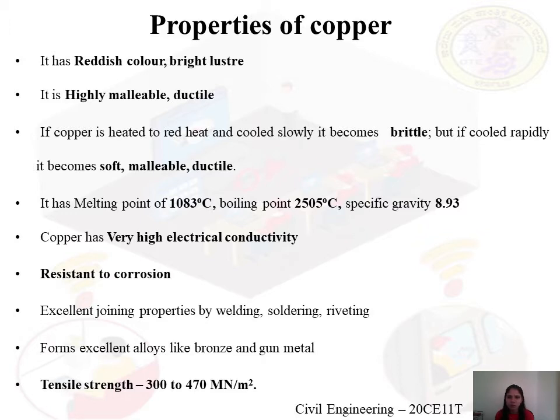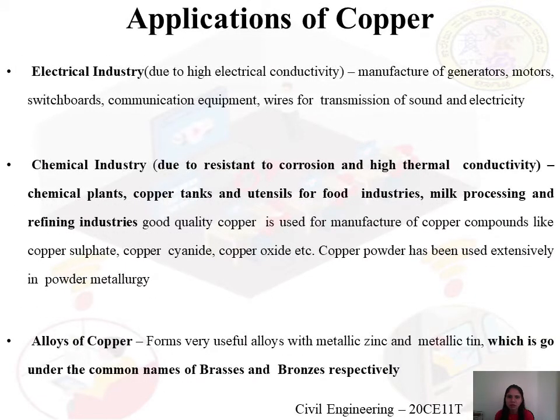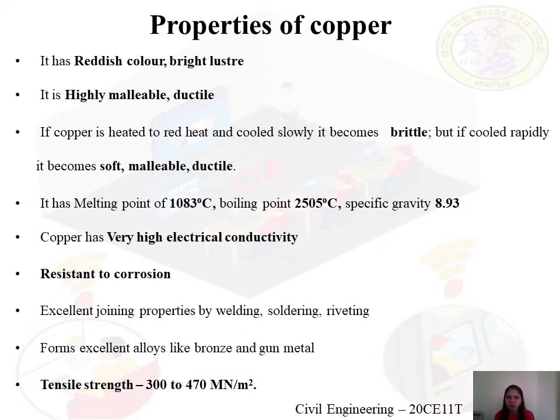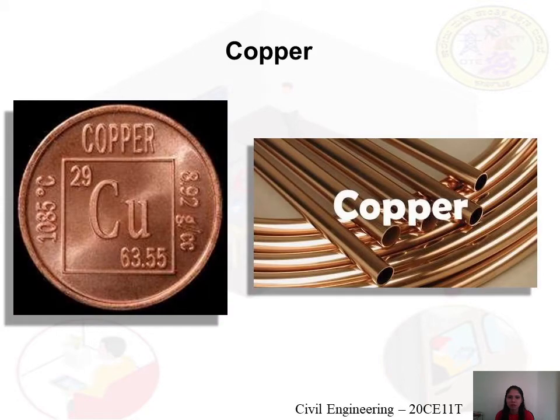Copper is the most important metal next to iron which is used by engineers. It is obtained from its ores, which are oxides, sulfides, and so on. Coming to the properties of copper, it has a reddish color and bright luster. You have seen this copper; you can see it in this sketch here.